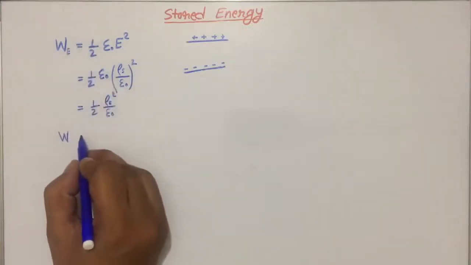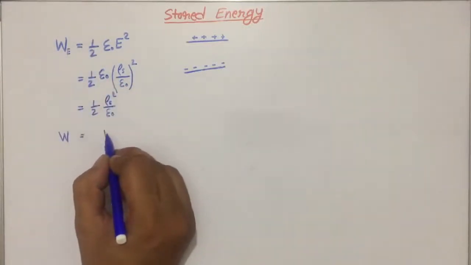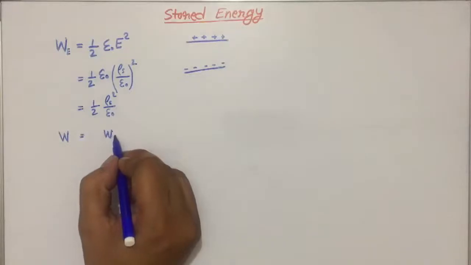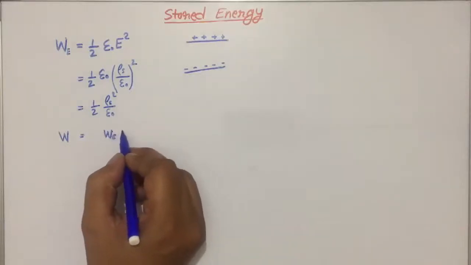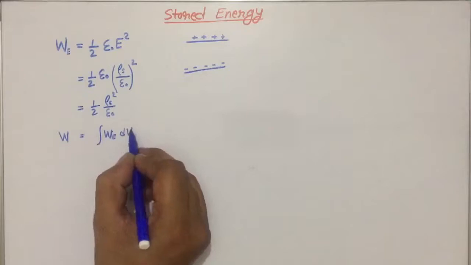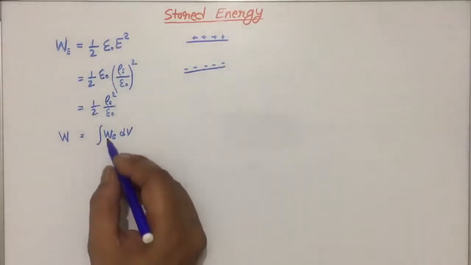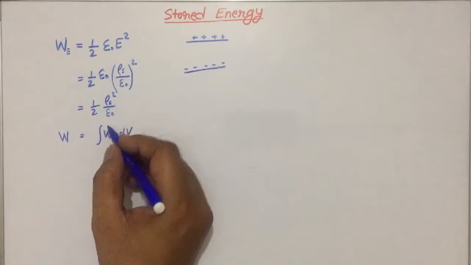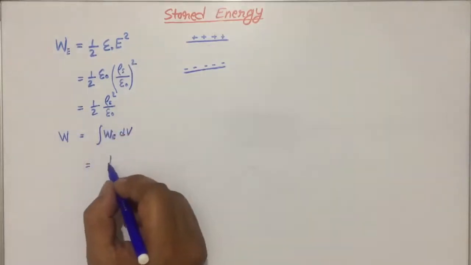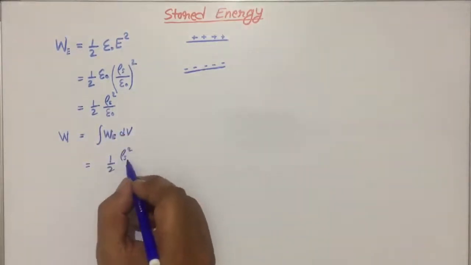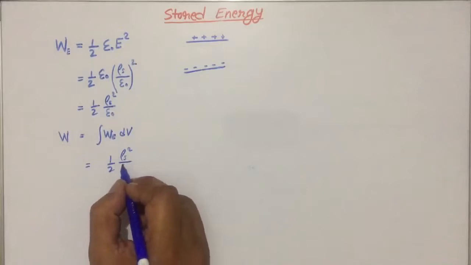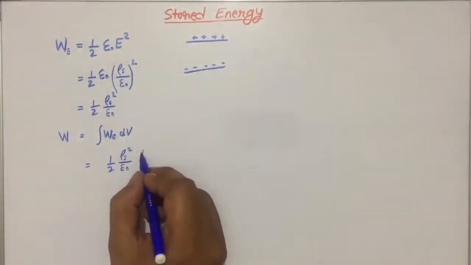Now if we wish to find the total energy, then it can be the energy density integrated over the full volume. It will give us the total energy in the capacitor, and putting the value of WE from there, it can be half rho s square by epsilon naught dV.